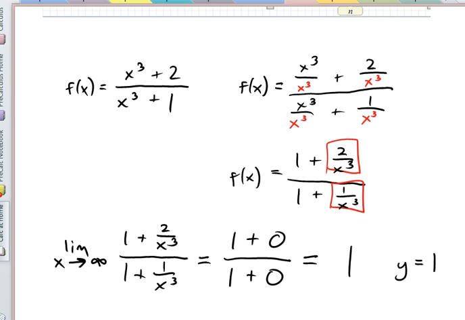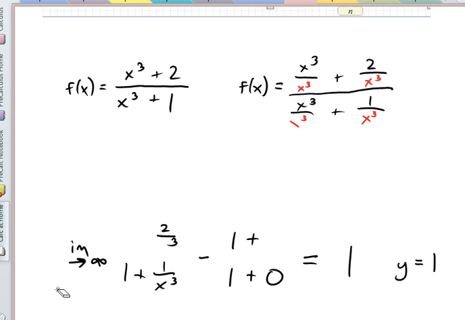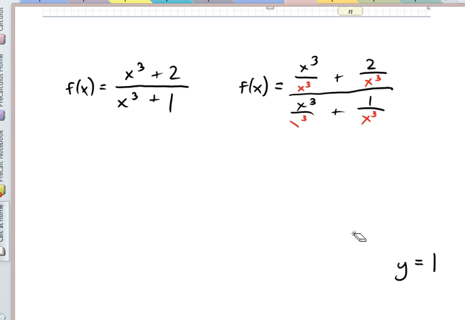The shortcut for this problem, if you don't like this idea of dividing everything by x to the third, is a nice little shortcut that you can use. You take a look at the terms in the numerator and in the denominator. And if you have matching exponents, which we do here, you take a look at the largest ones and you look at their coefficients.